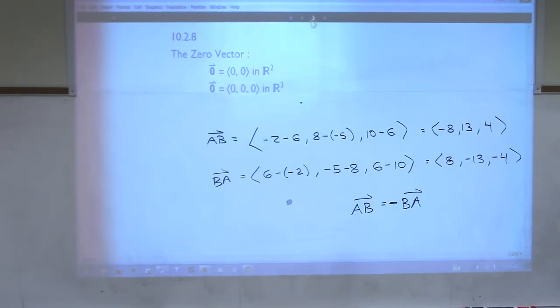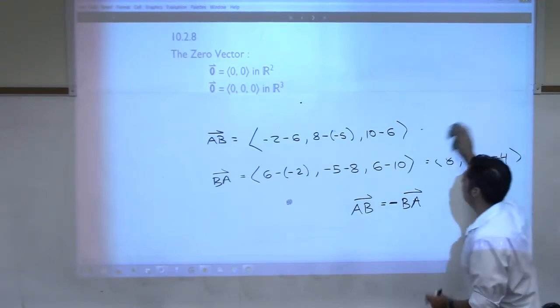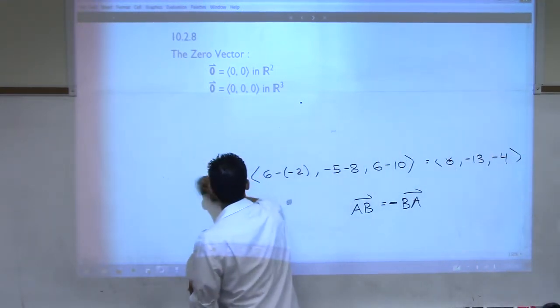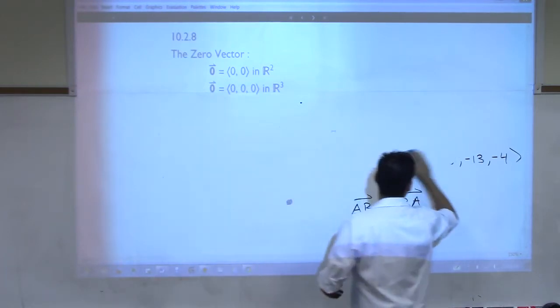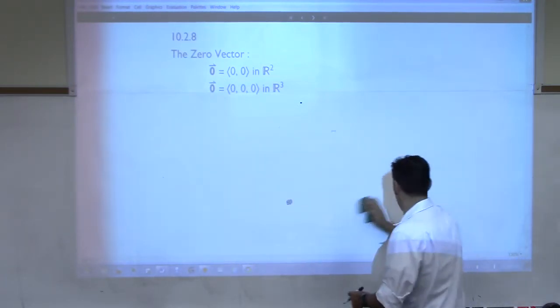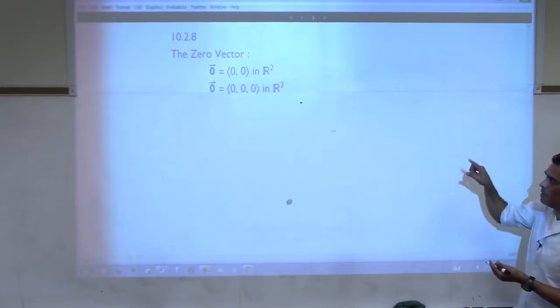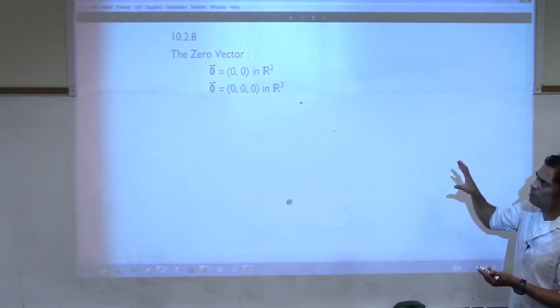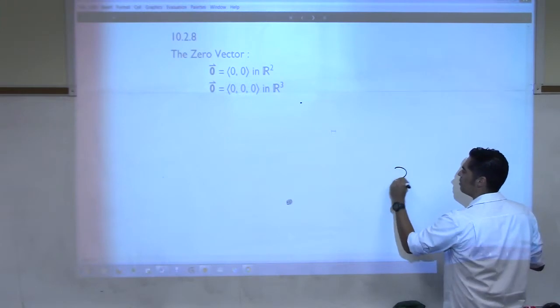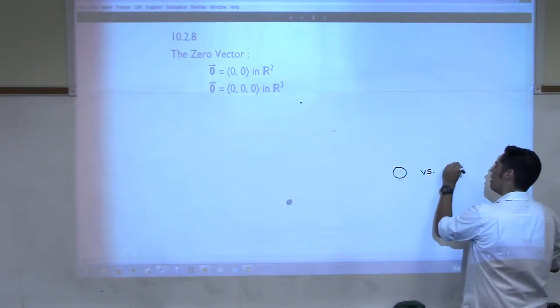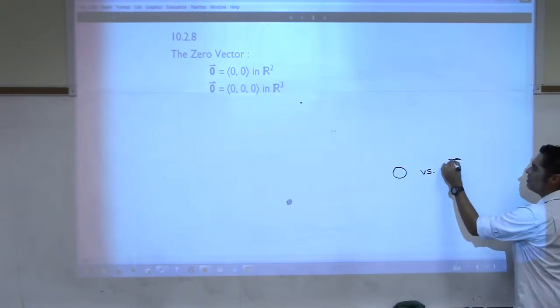All right, we need some more notation, some more language. There is something called the zero vector. The zero vector does not have any sort of direction, nor does it have any length. But we have a notation. If I write this versus this, these are not necessarily the same thing.